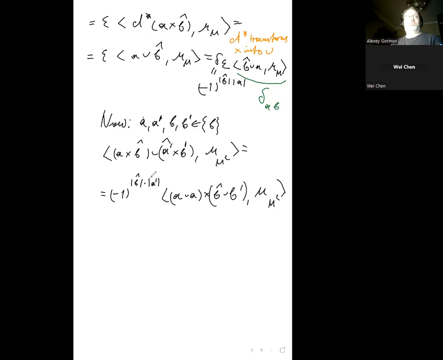Then I need to put a roof here. Then I have a prime roof. Here the second factor will be the roof cap the prime. Okay.